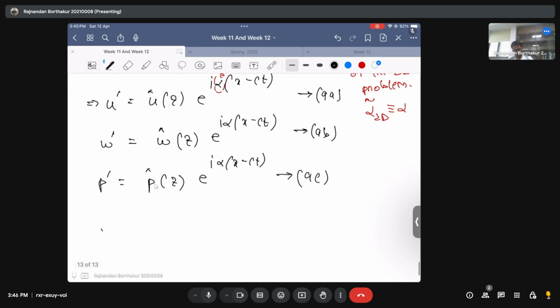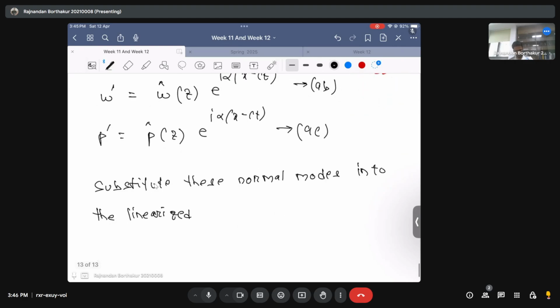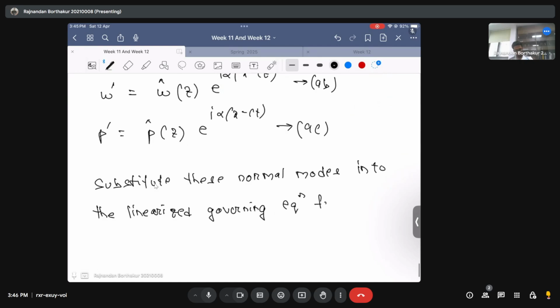So the next step is to substitute these normal modes into the linearized governing equation for the perturbations, for the 2D perturbations, I would say.